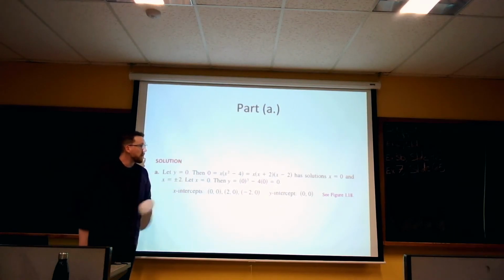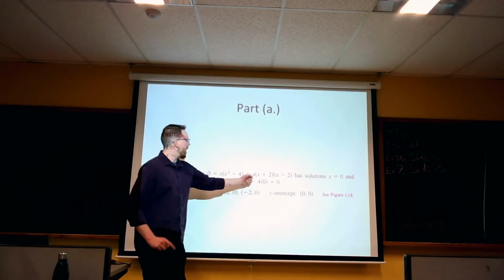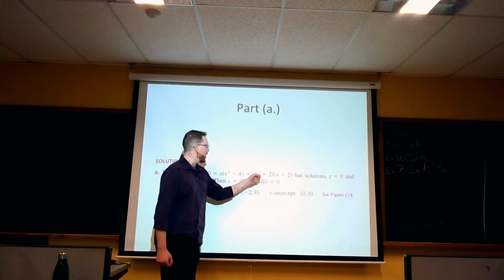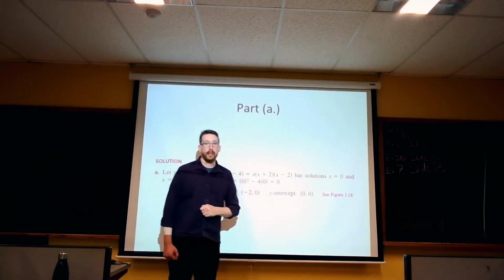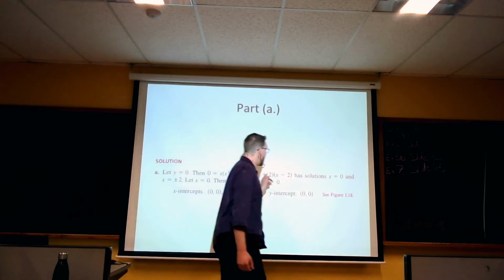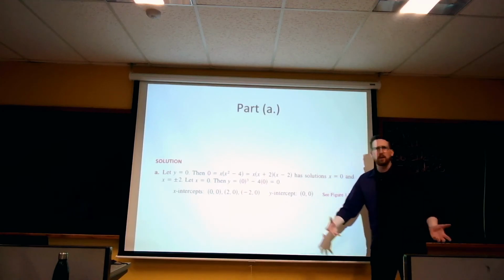We say, all right, well, if y is equal to 0, then that's got to mean either x is equal to 0, x plus 2 is equal to 0, or x minus 2 is equal to 0. The reason why is because these are three different quantities being multiplied together to get 0.